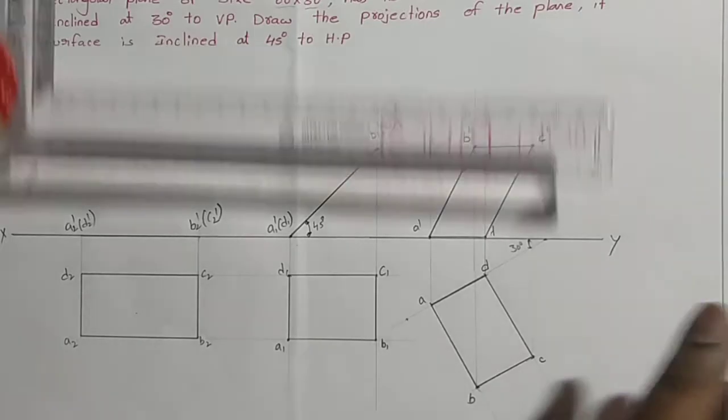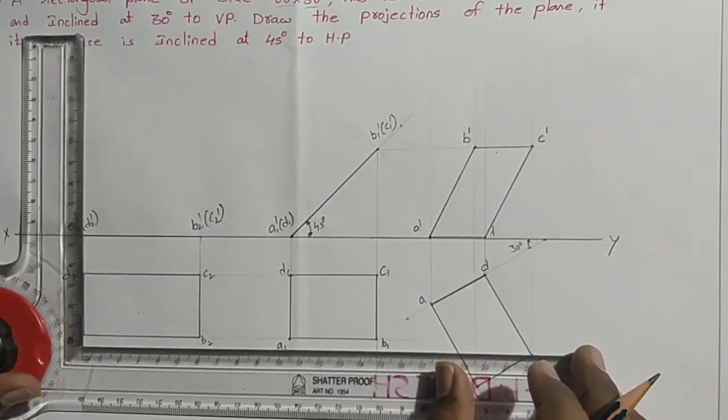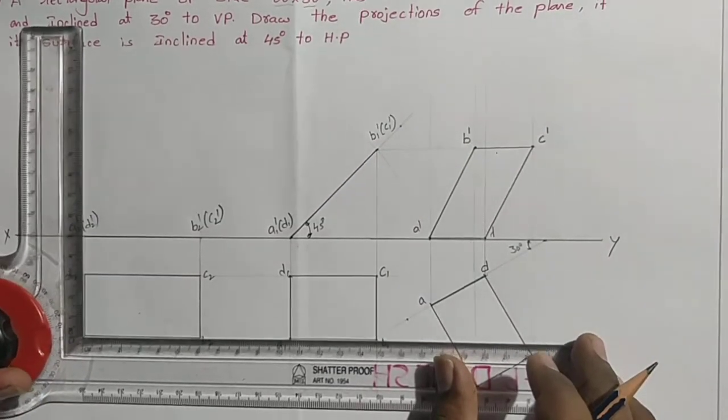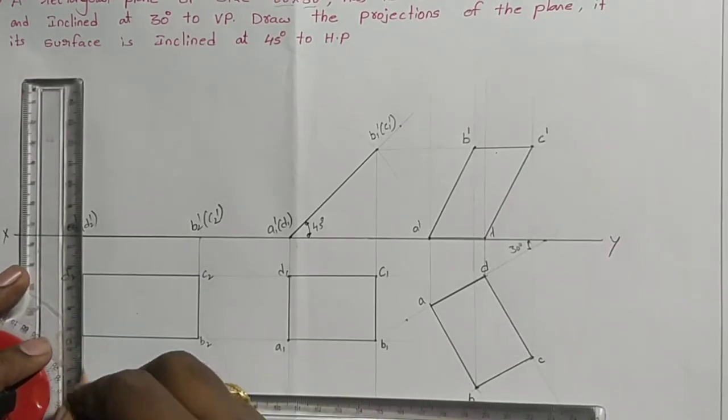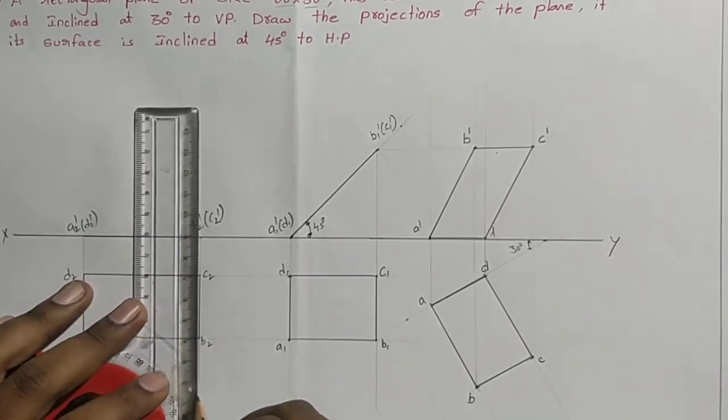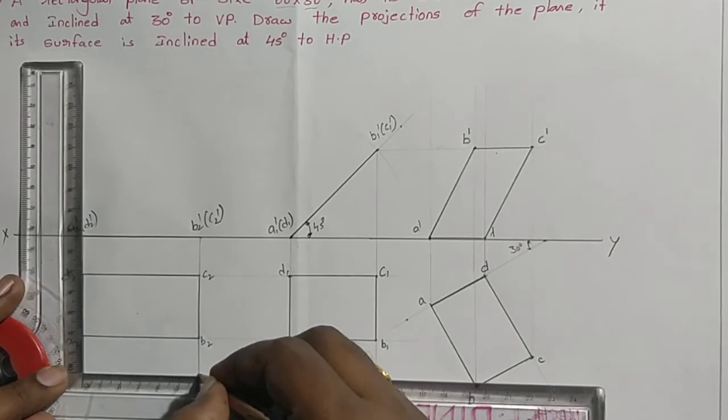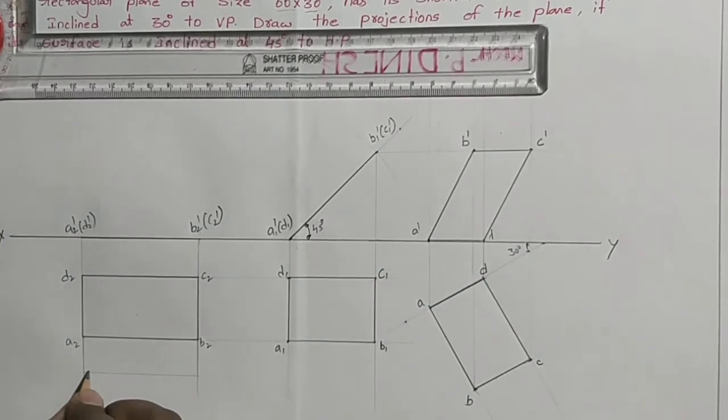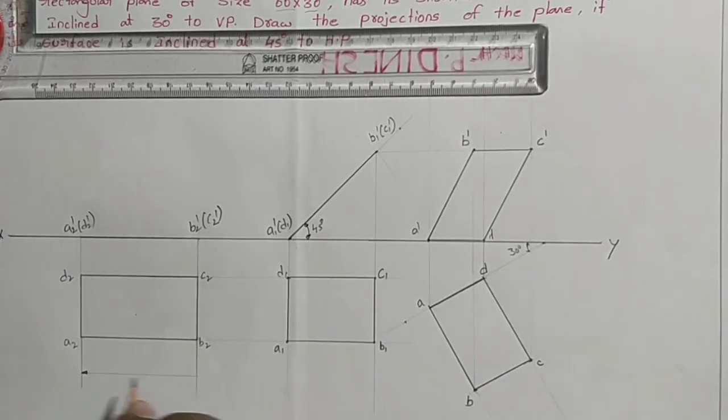After completion, we need to give the dimensions for the rectangular plane. The length of the rectangular plane is 60.